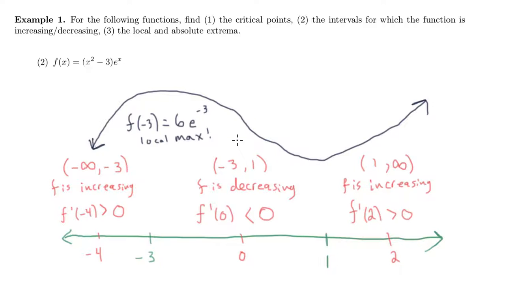Okay, so how about f of 1? F of 1, what is it equal to? Negative 2 e to the minus 1 is a local min.